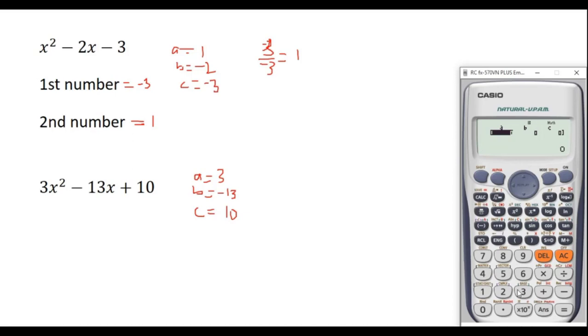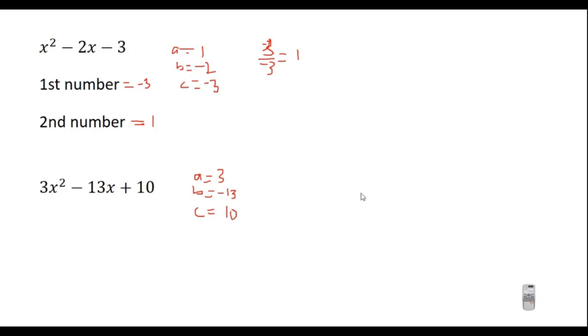Then you know that A is 3, B is -13, C is +10, then you press equal to. The first value we are obtaining is 10/3. Once again, if that value is positive, pick it as a negative number. So you are going to have -10/3.